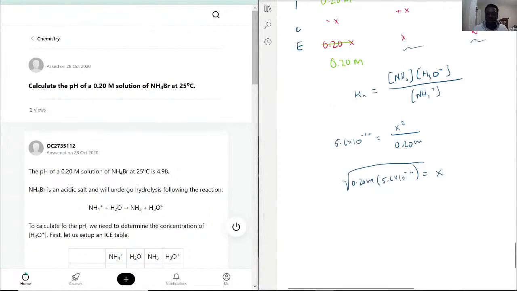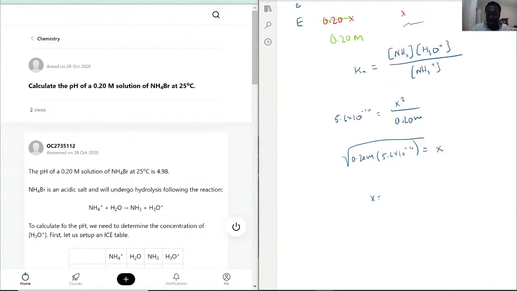We get x equal to 1.058. Since the significant digits, from what I can tell, come from 0.20, which is only 2 sig figs, it's going to be 1.1 times 10 to the negative 5.